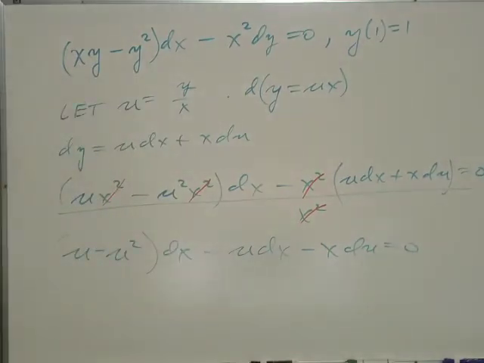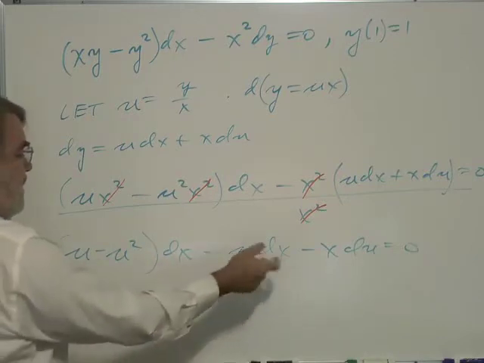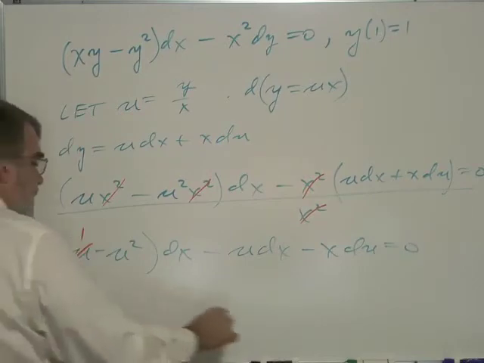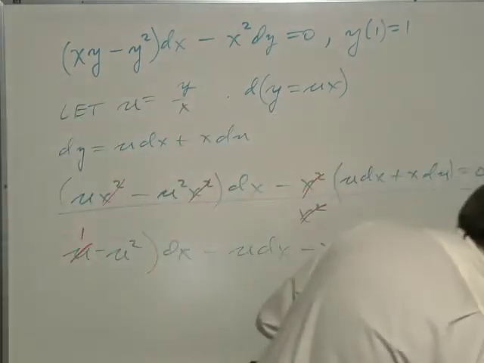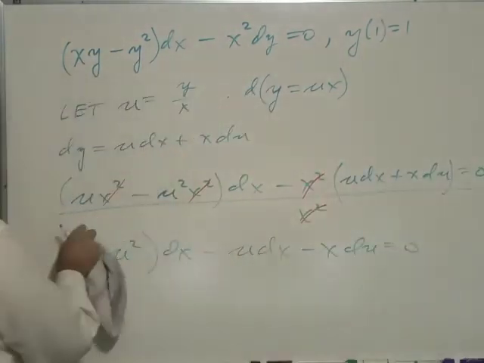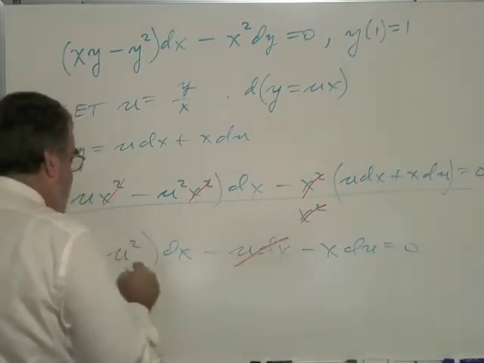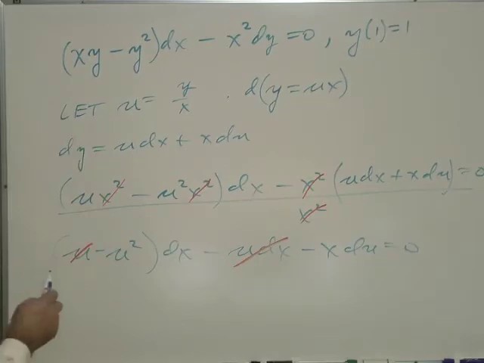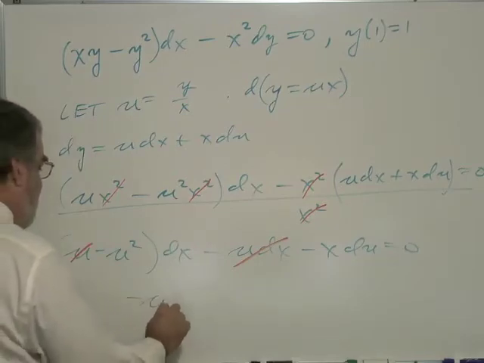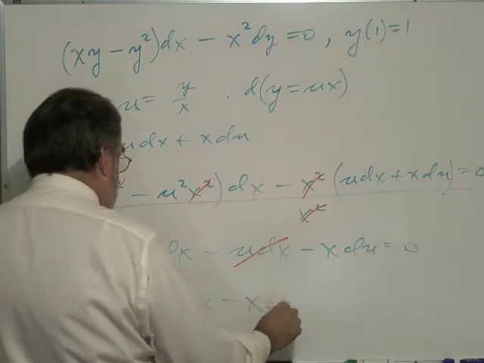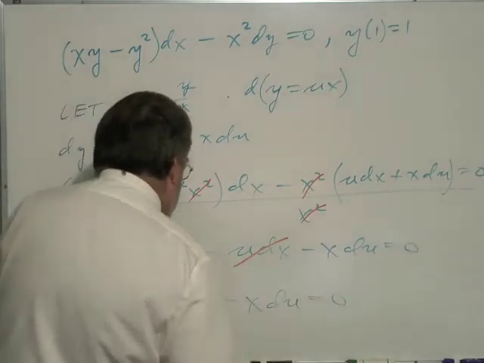So, do we have anything else we can do? Well, look here. I have u dx minus u dx. These cancel. Actually, that cancels as 0, doesn't it? It cancels entirely. And so this term, u dx, cancels that term, which gives me minus u squared dx minus x du equals 0.